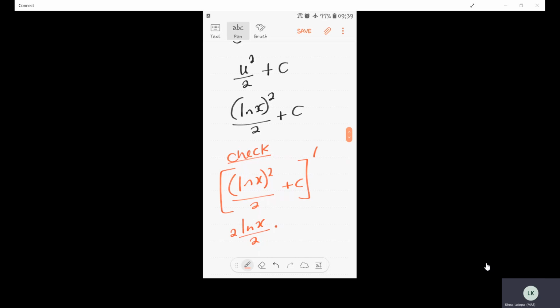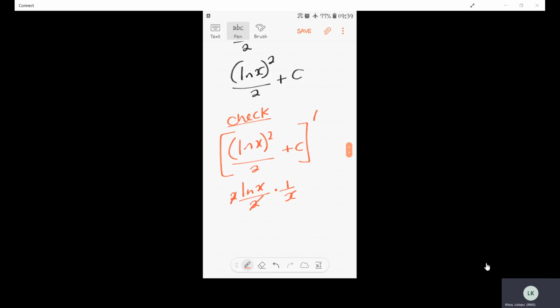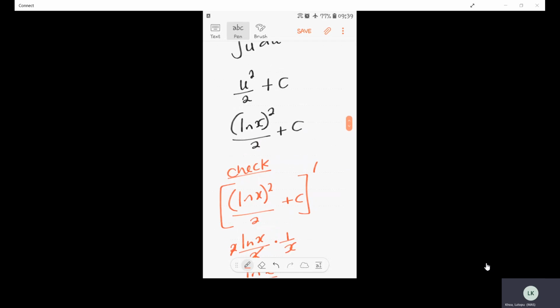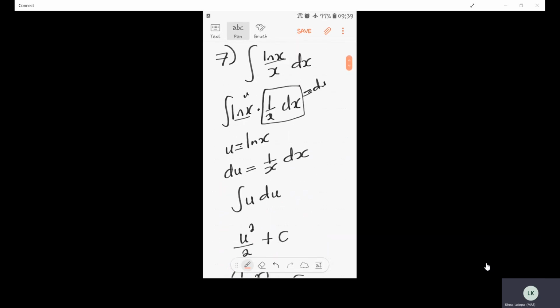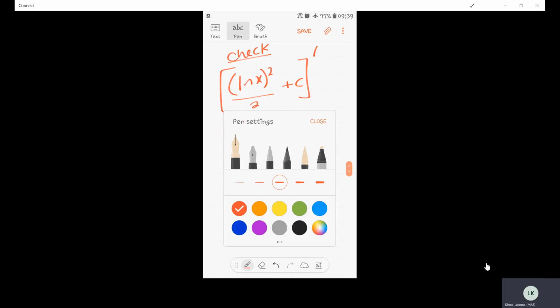Then on the inside, the derivative of ln of x is just 1 over x. These two cancel. You have ln of x over x, which is the function that you were asked to integrate over there. Okay, so we know that our calculations are correct.